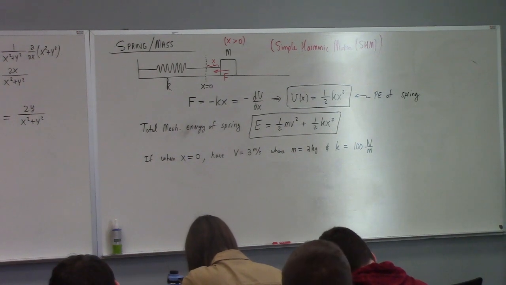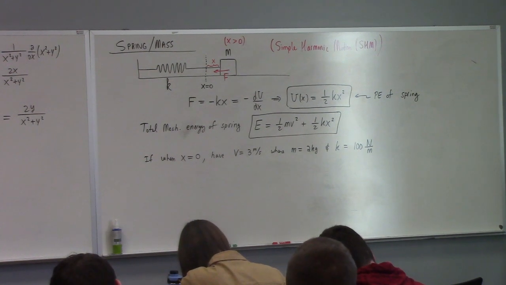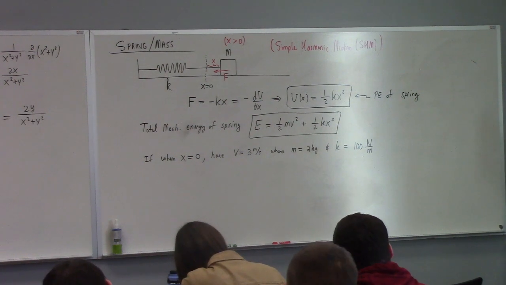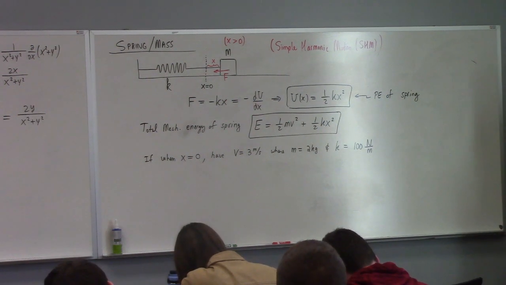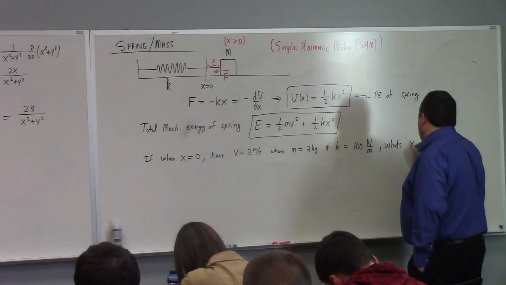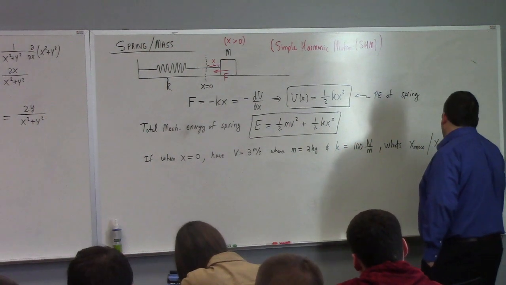So if when x is equal to 0 we have a velocity of 3 meters per second, the mass is 2 kilograms, and the spring constant is 100 newtons per meter, then the question I can ask is, what's the maximum x? What's the minimum value for x?